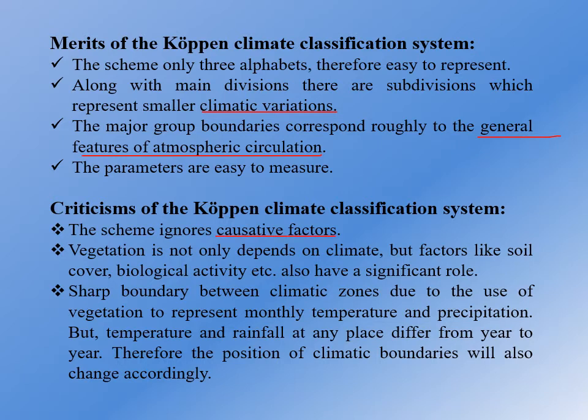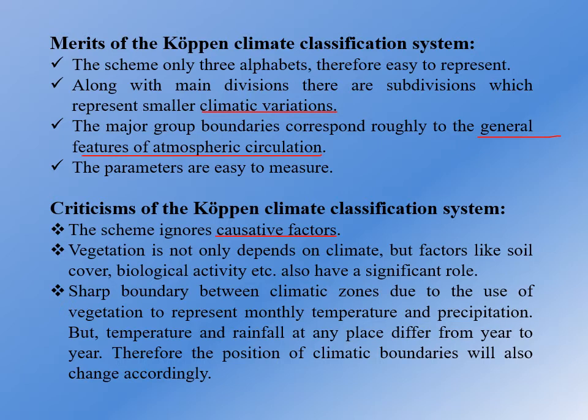It does not try to find the reason behind those climatic conditions. Secondly, vegetation does not depend only on climate, because as I told you, Köppen basically divides the climatic system into different groups mainly based on the observation of different vegetation types.